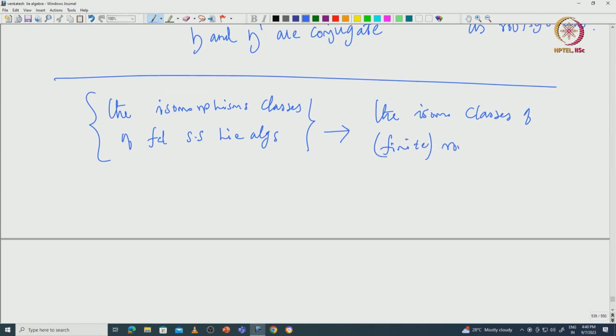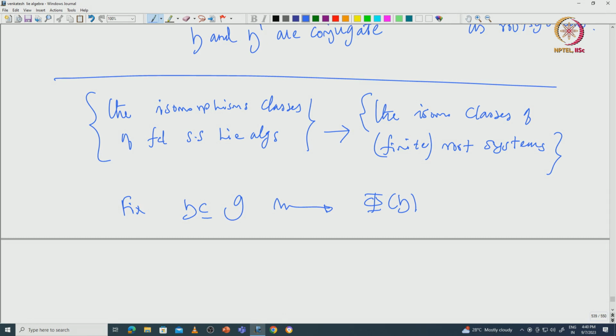Okay, we will never consider infinite root systems, but anyway I am just writing it as finite root systems. So, what is the association? You take G, fix a Cartan subalgebra H inside G, and send it to the root system associated with the pair (G, H).